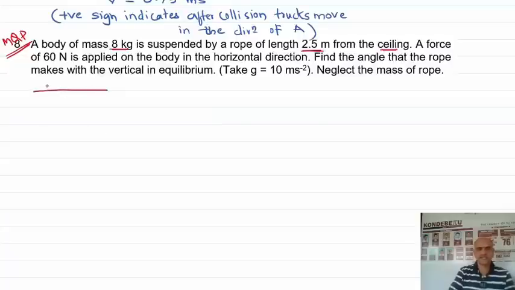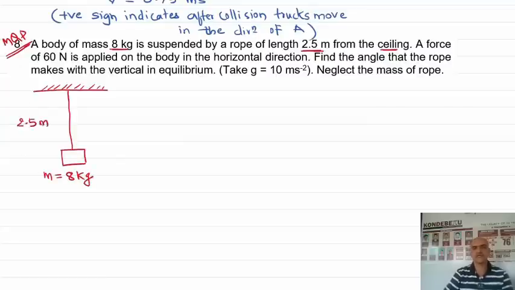Here you can take it as the ceiling or roof or the slab above. So mass is 8 kg. Rope length is 2.5 meters.